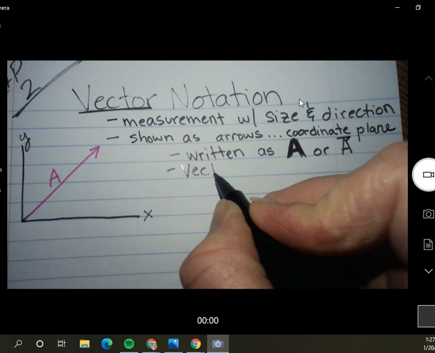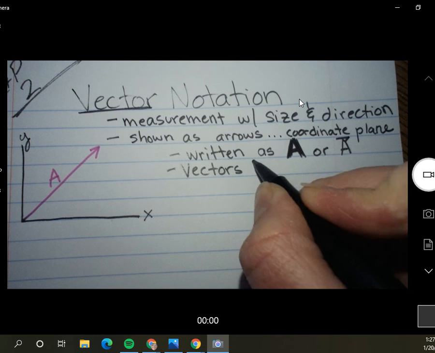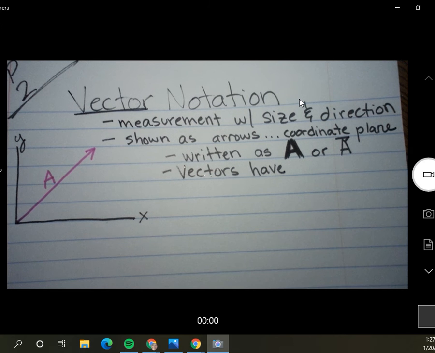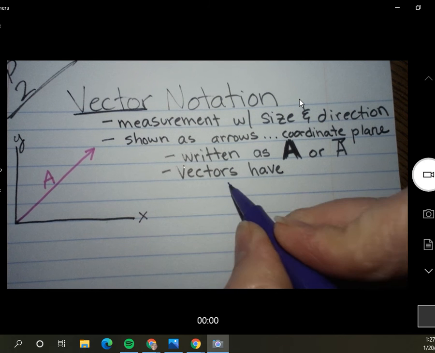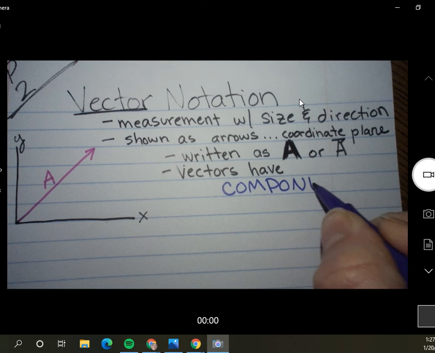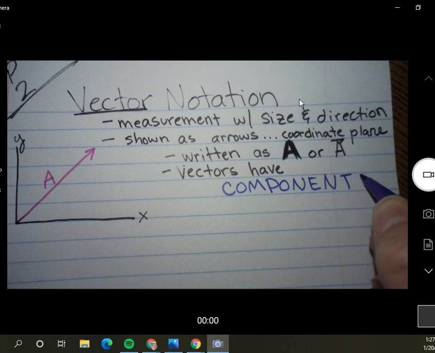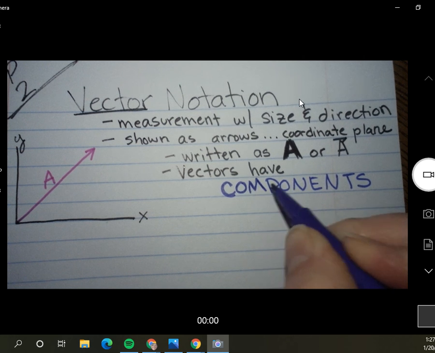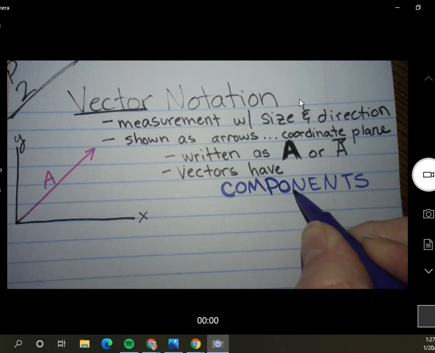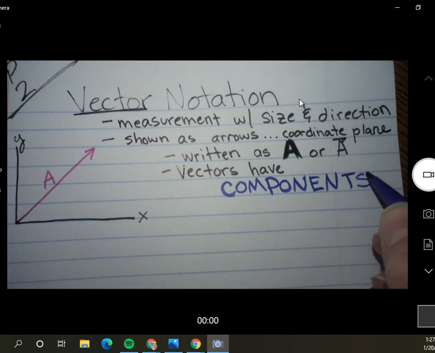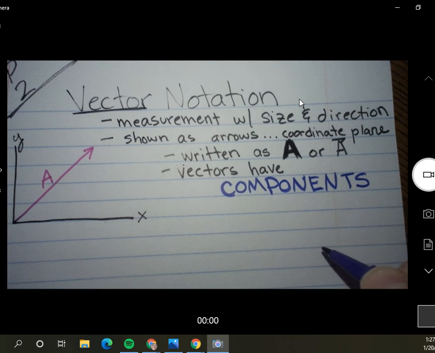Vectors have components. So what do we know about the word components?